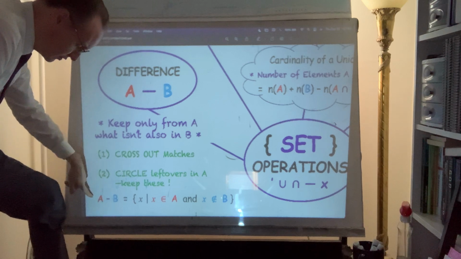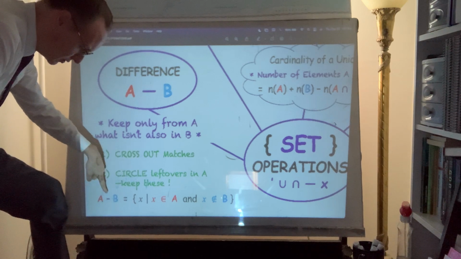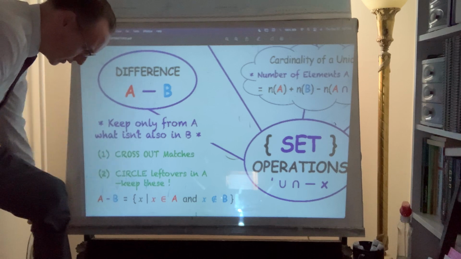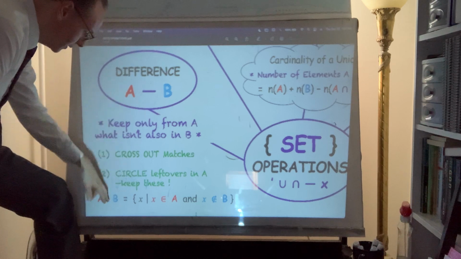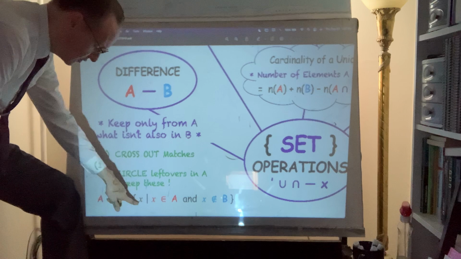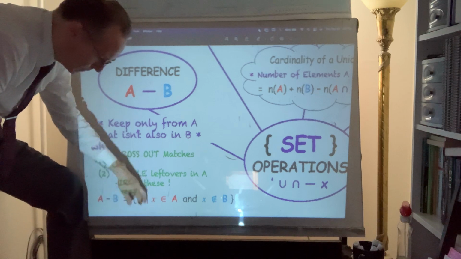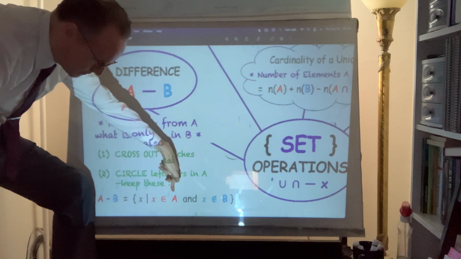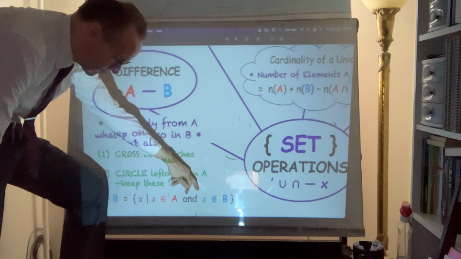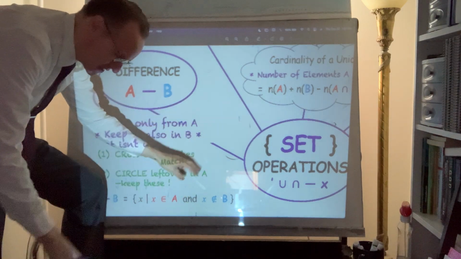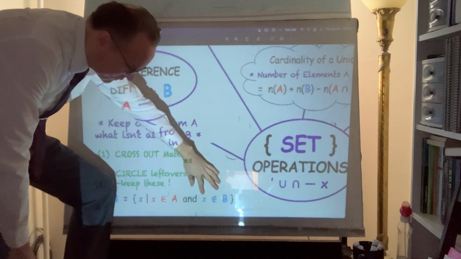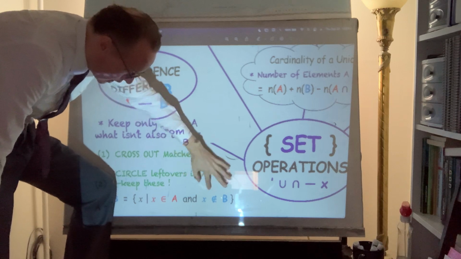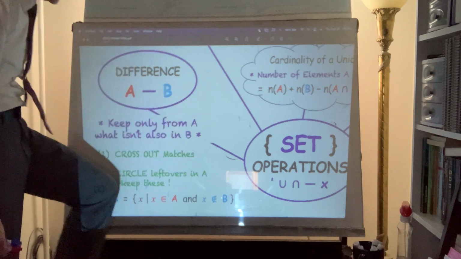It would be the set of A elements minus the set of B elements. A minus B is the set of X's such that X is an element of A, and at the same time, X is not an element of B.